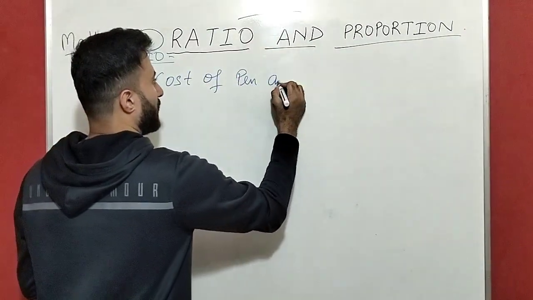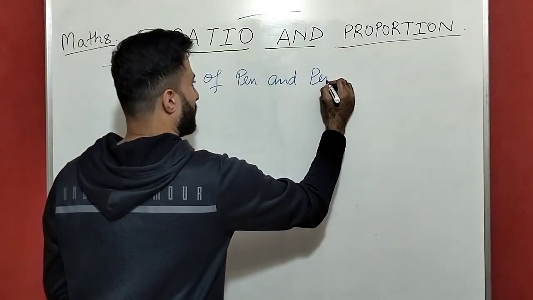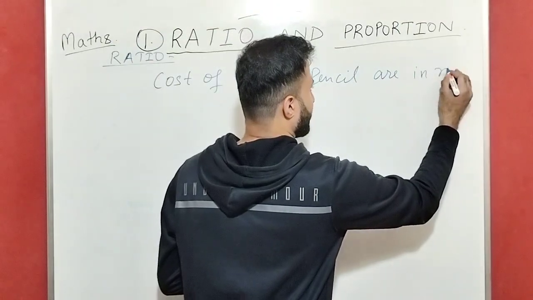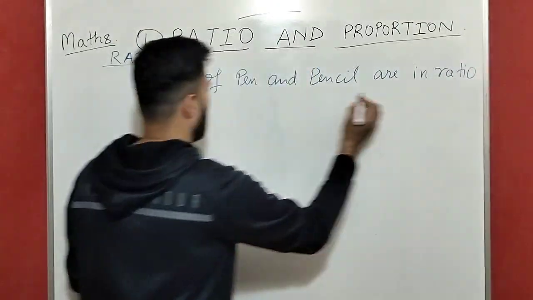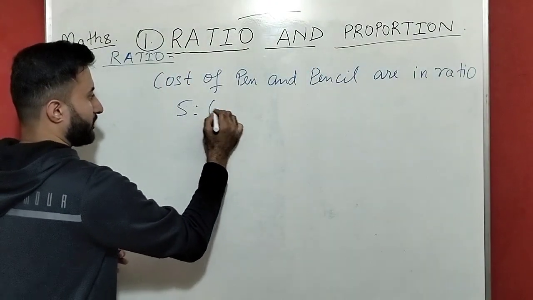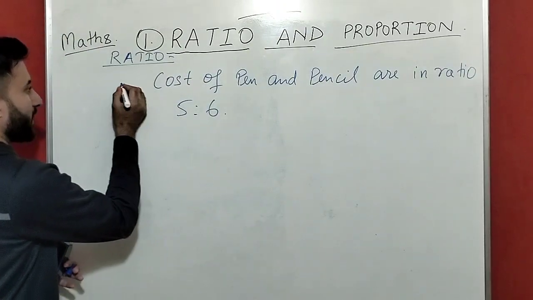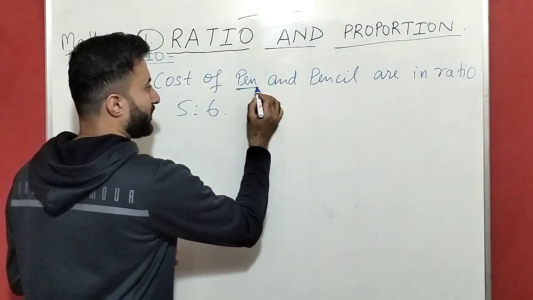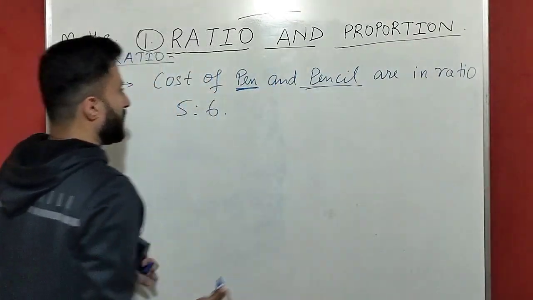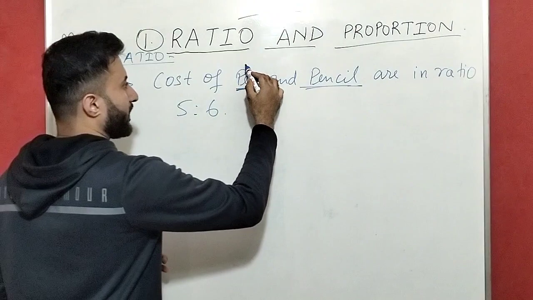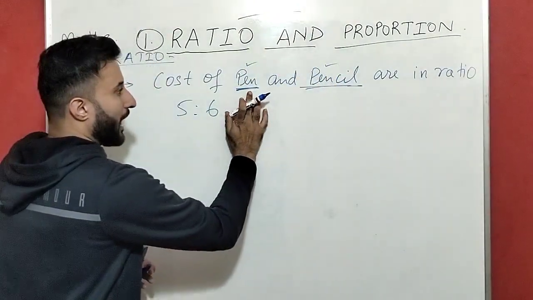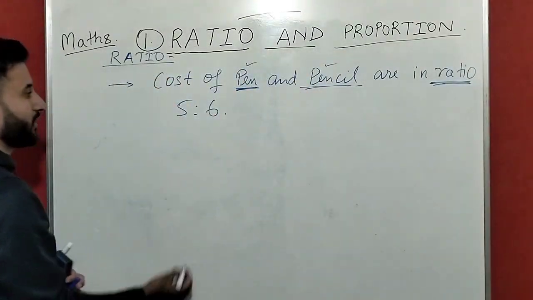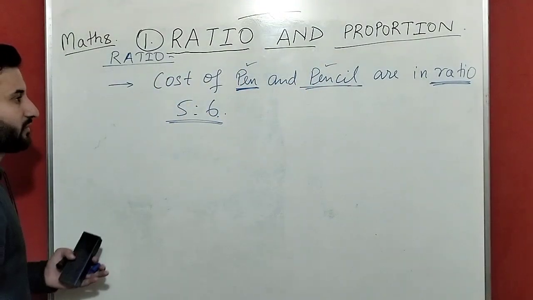pen and pencil. The cost of pen and pencil are in the ratio 5:6. What have they given? They have given the two quantities, pen and pencil, and their values are in the ratio 5:6.